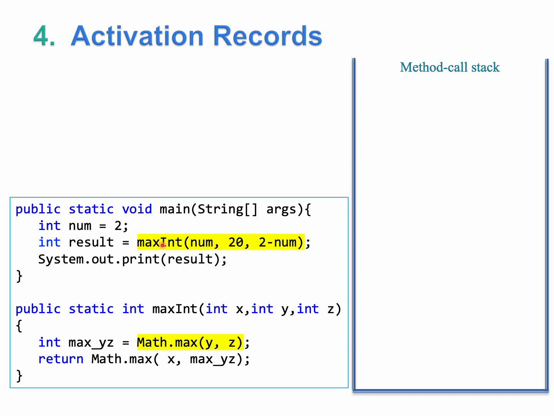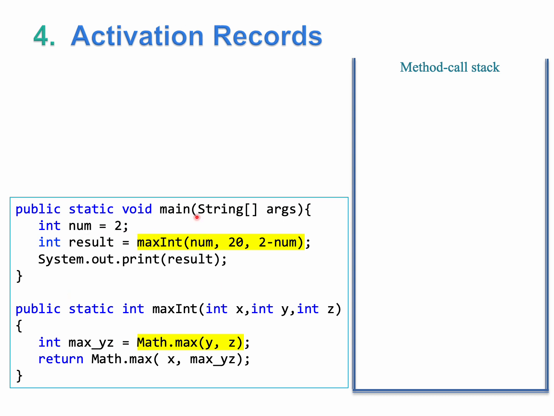Method main calls method maxInt, passing three actual arguments: num, 20, and 2 minus num, where num is a variable declared inside the method main and is initialized to value 2 before calling method maxInt.